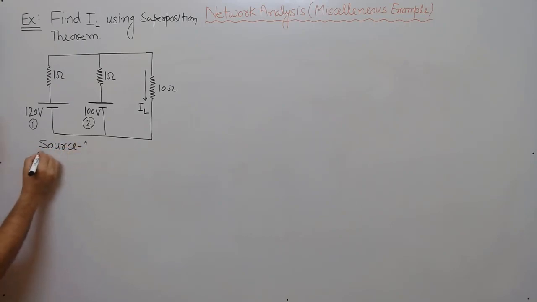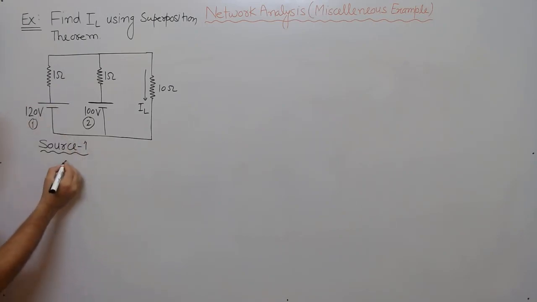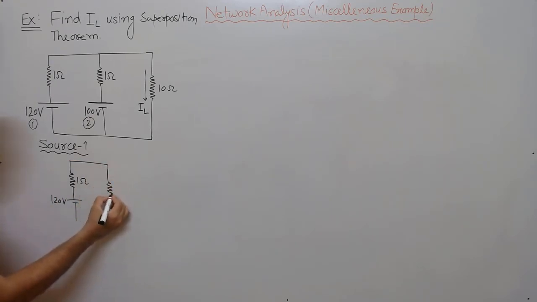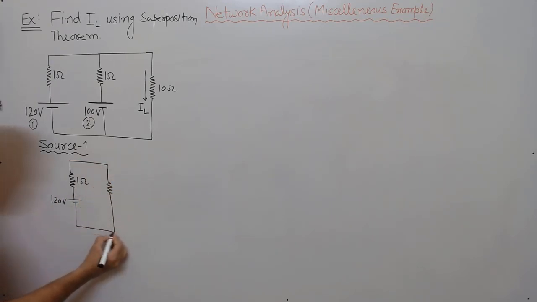So draw the equivalent when we have source 1 only. This is 1 ohm, this will be 1 ohm and this is 120 volt, 1 ohm, and this is a short circuit.